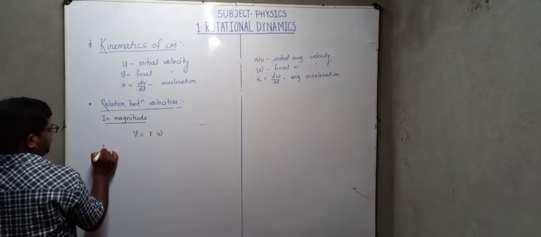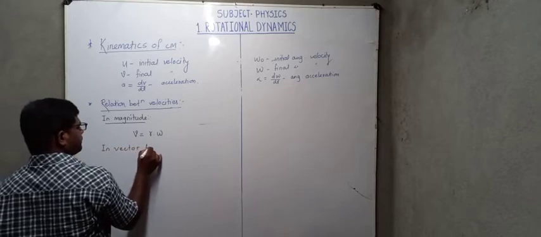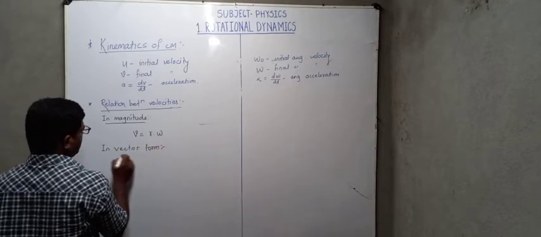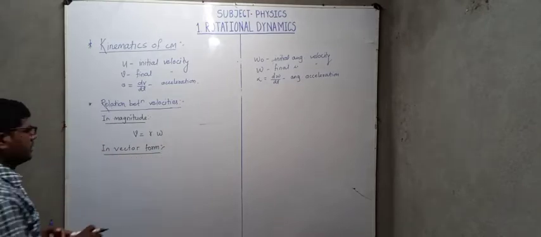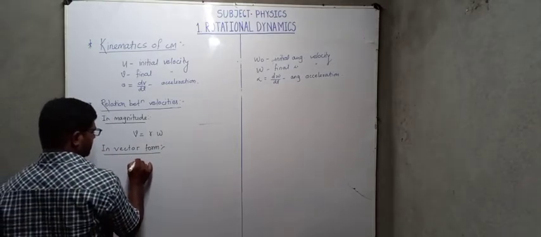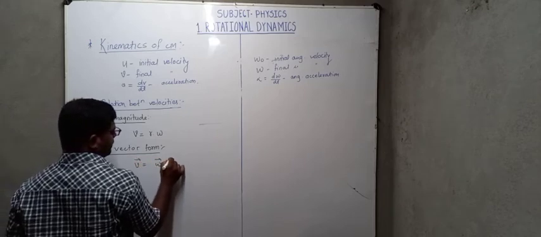Now, how to write the relation between them in vector form? V bar is equal to omega bar cross R bar.